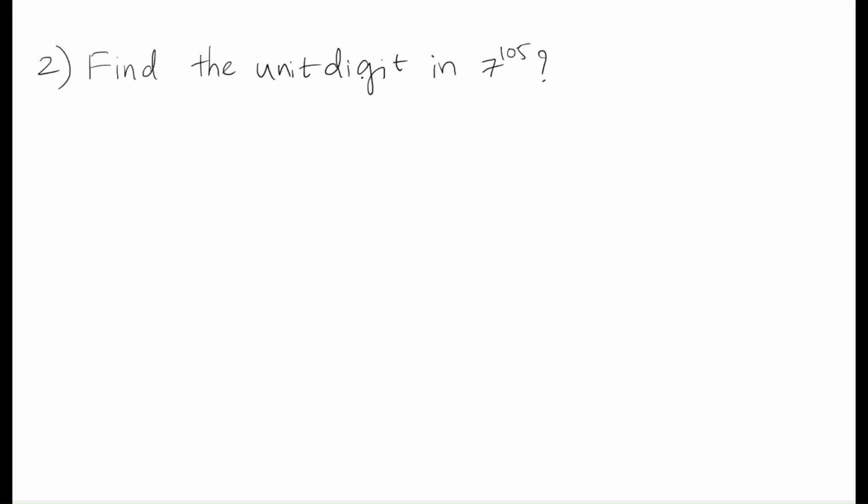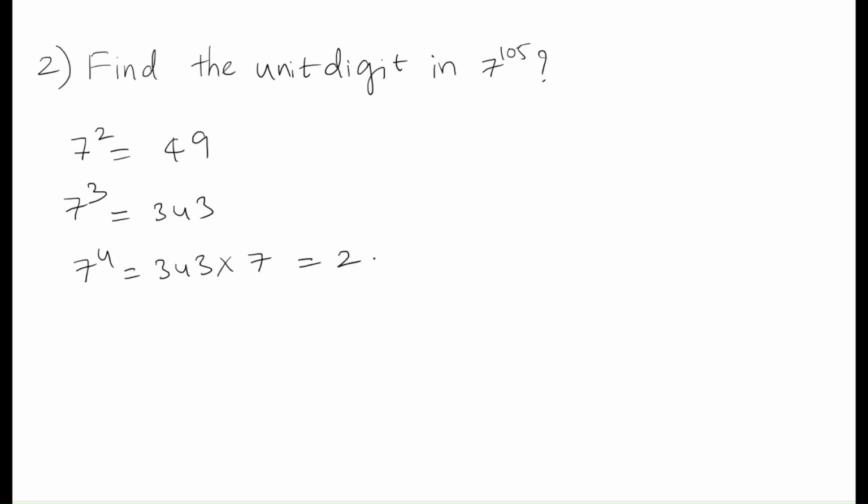Find the unit digit in some value. To solve these kinds of questions, you should know how to find the unit digit. Now let's see, 7 square is 49, 7 cube is 343, and 7 power 4 is 343 multiplied by 7, which is 2401. 7 power 5 is 16807, and 7 power 1 is 7.